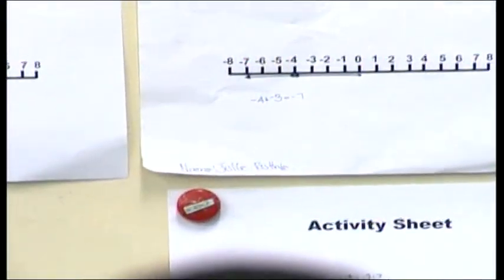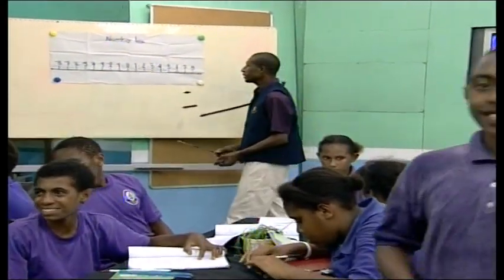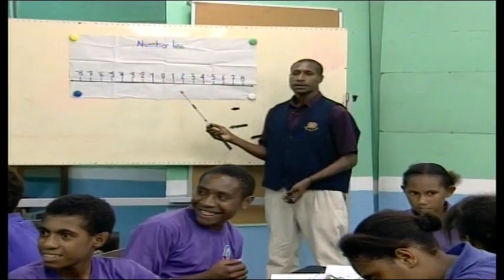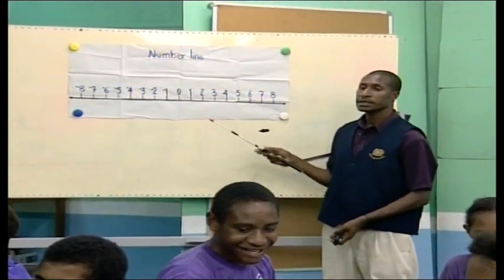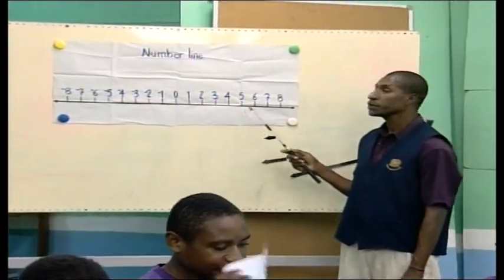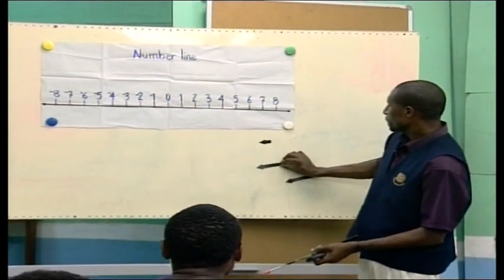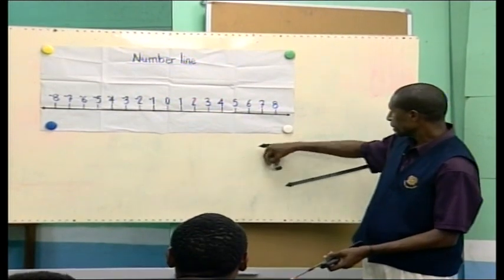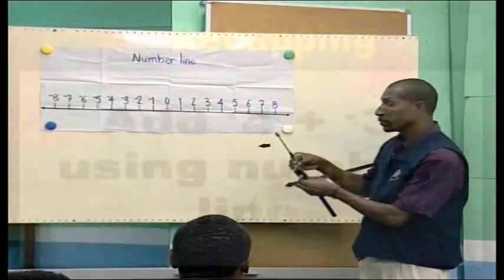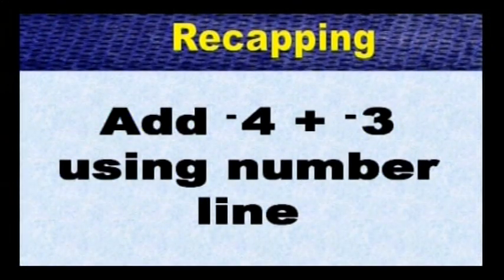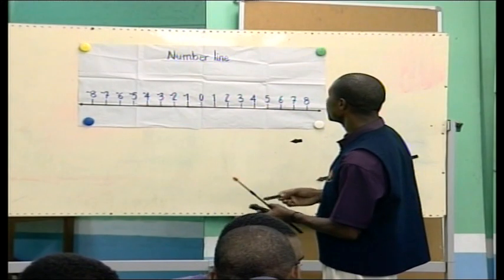Now, students, we will correct the recapping activity together by using this number chart here, which is on the screen. Our recapping exercise is to add -4 plus -3 using the number line.